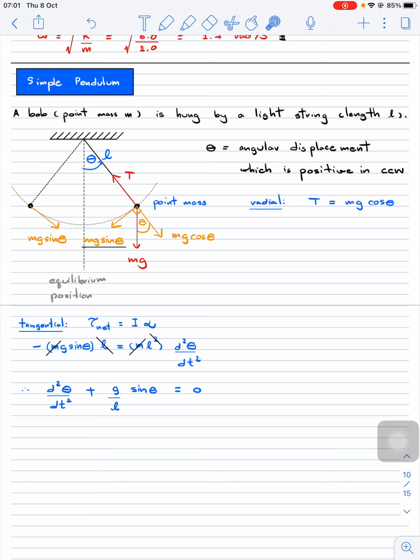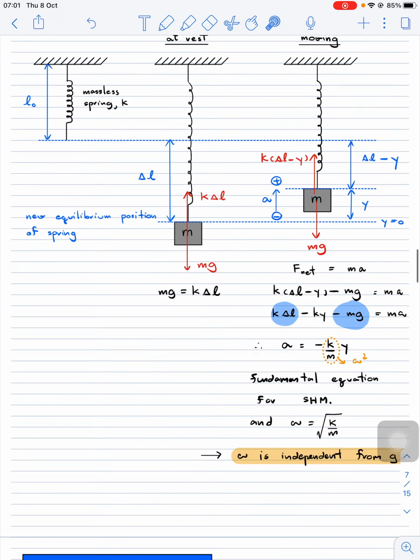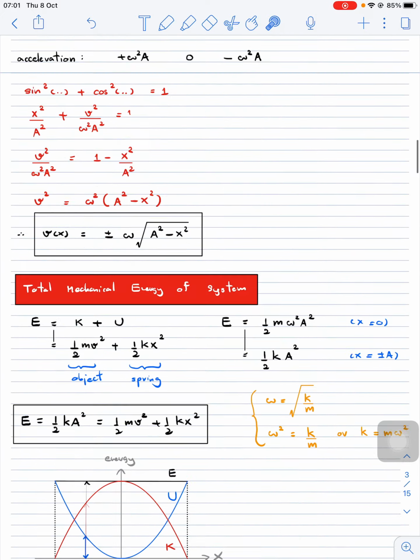So you can see that the duty of the mg sine theta is that it's going to try to move the bob towards the equilibrium position. Actually, it's just the same as the kx, the returning force of the spring.